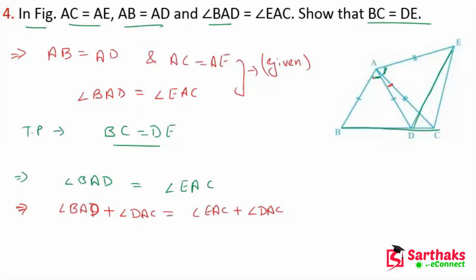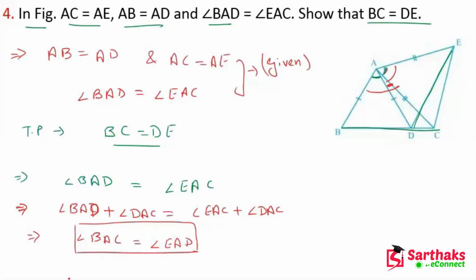If we add angle DAC to angle BAD, this will become angle BAC. And if we add angle DAC to angle EAC, we get angle DAE. So here we get angle BAC equals angle EAD. I hope you get this point, my dear friends.